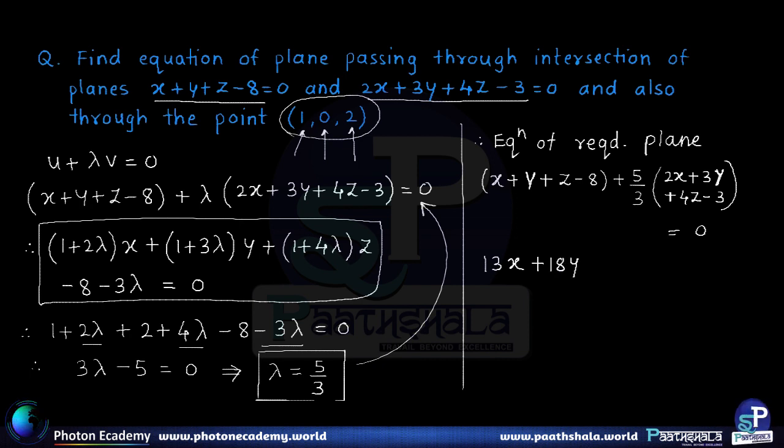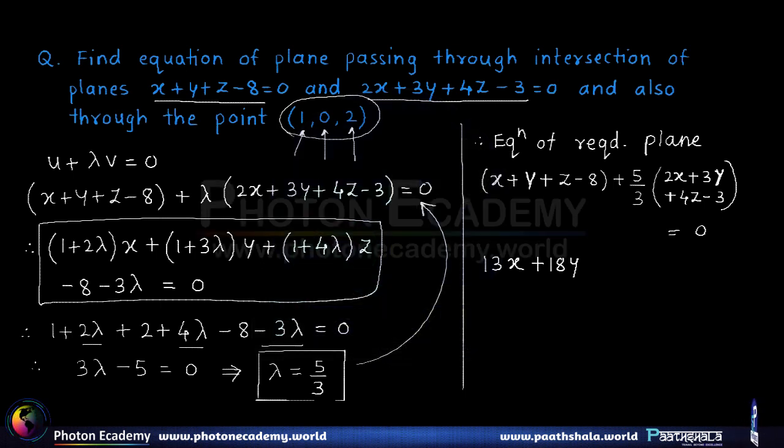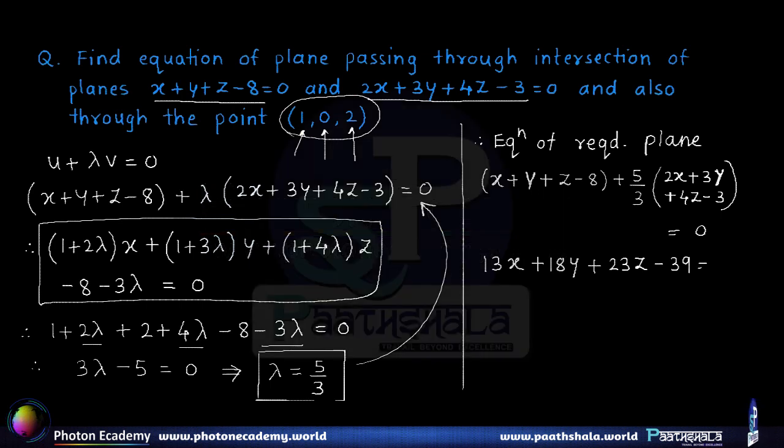In case of z, we have 3z plus 20z, so therefore that is 23z. And in case of constant, we have minus 24 minus 15, so that is minus 39 equal to 0. So that's the equation of the required plane.